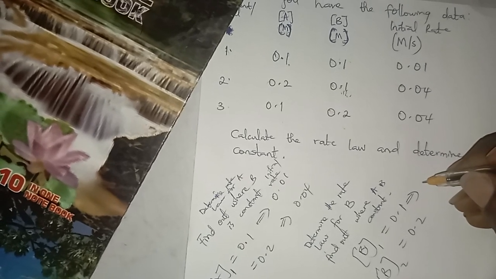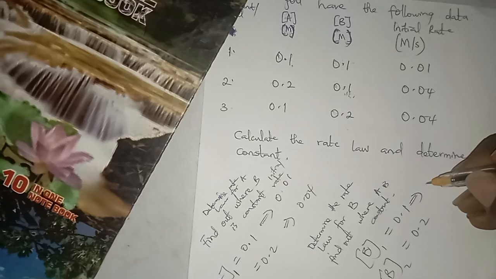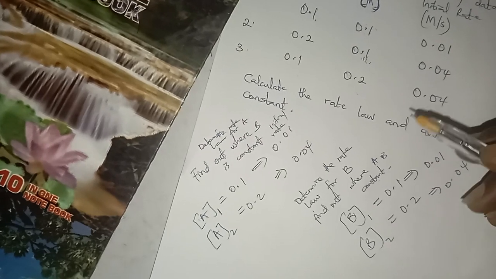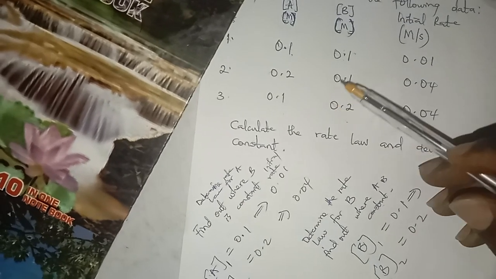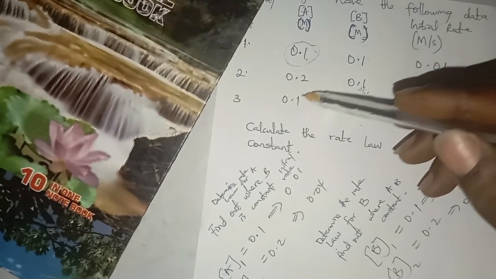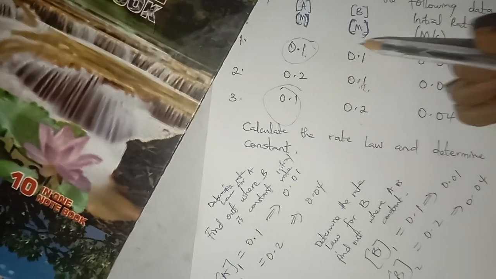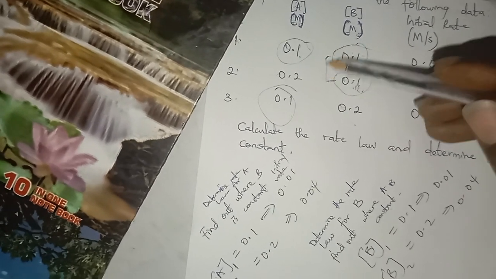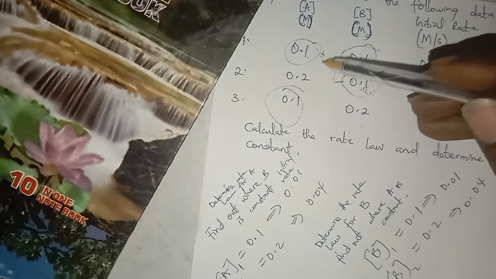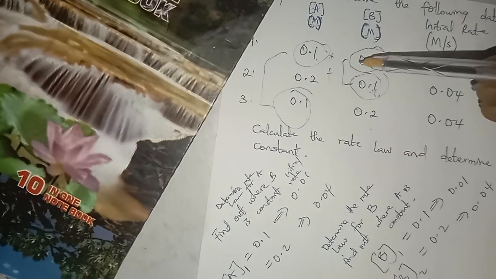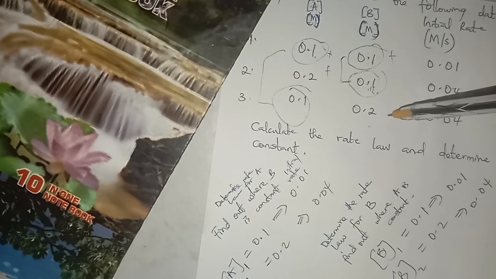In the first experiment the rate is 0.01, and in the third it is 0.04. This is important, you note. Notice that A is constant here and here, while B is constant here and here. So when this is constant, you are able to determine A, while at the point where this is constant, you are able to determine B.